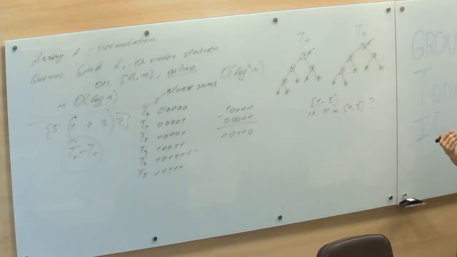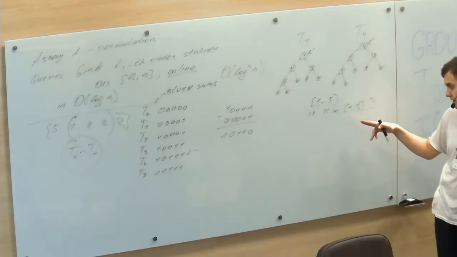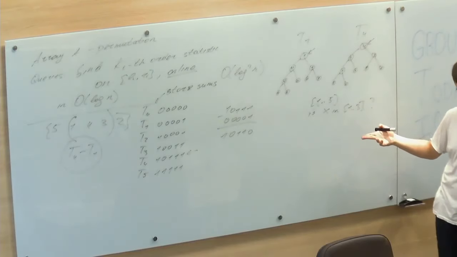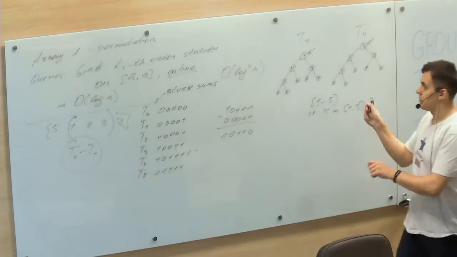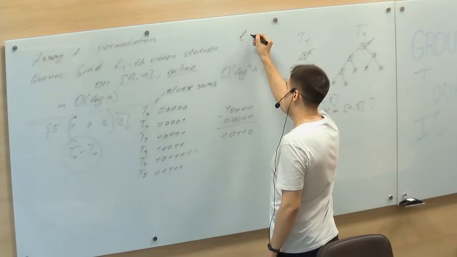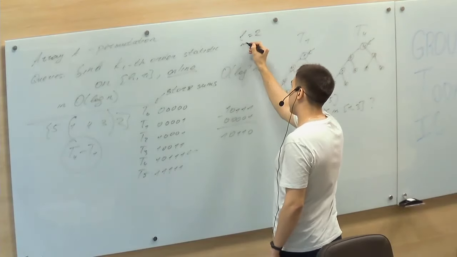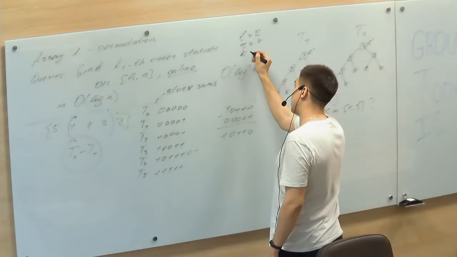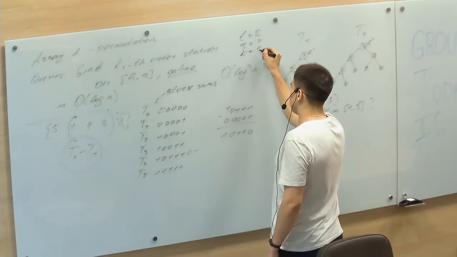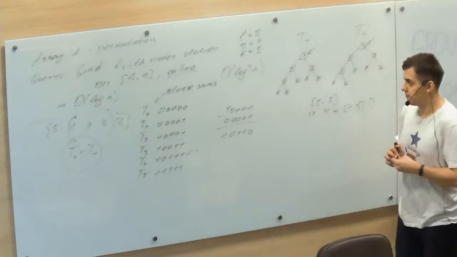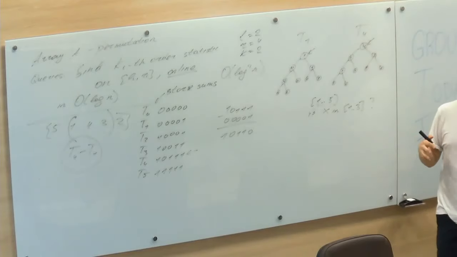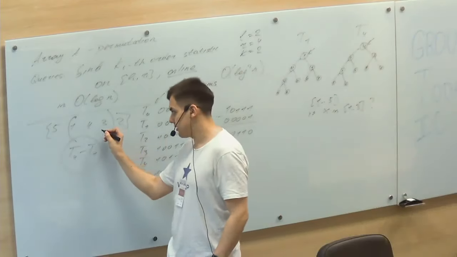So how do we do that? Well, we need to find the number of values present from 1 to 3. So let's say that we have L equals 2, R equals 4, and K equals 2. So we would like to find the second number. So we would like to find this 3 here.